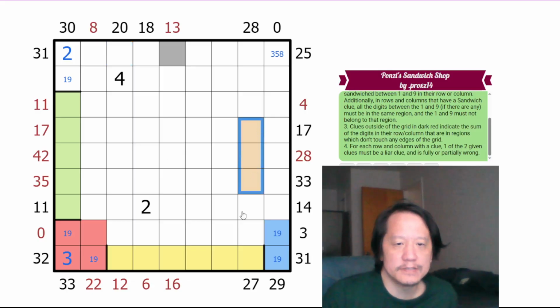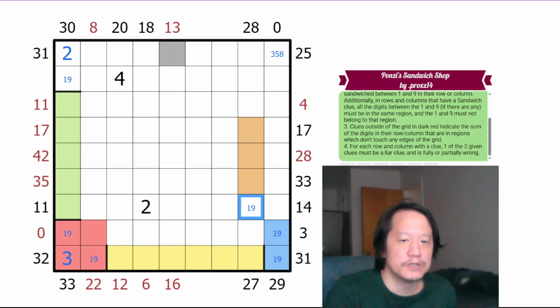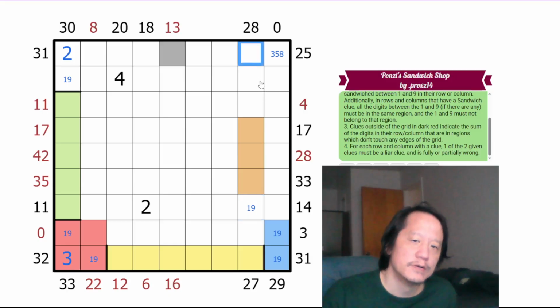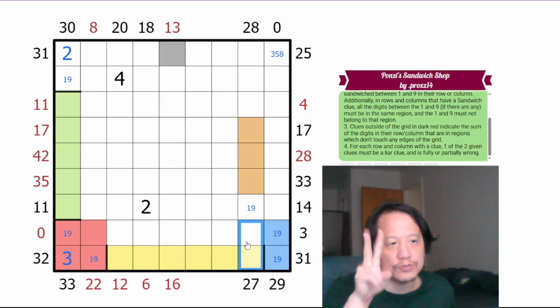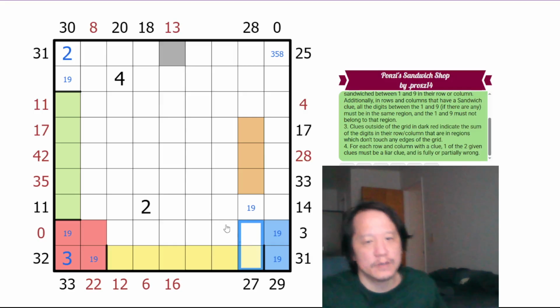This is not the same region as this. So and this cannot be 1 or 9 here. This can't be 1 or 9 here. Which means we have a guaranteed 1 or 9 at most here. And then this has to be 1 or 9, right? 1, 2, 3, 4, 5. Because you cannot add up to 7 or 8 with more than 2 digits without a 1.